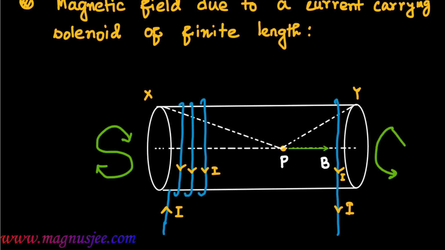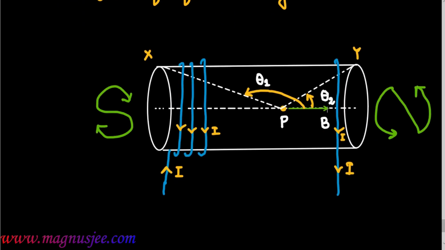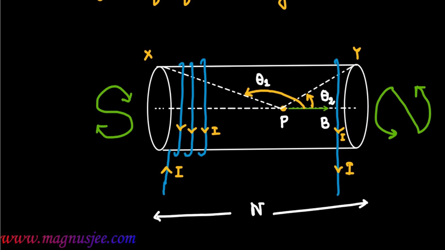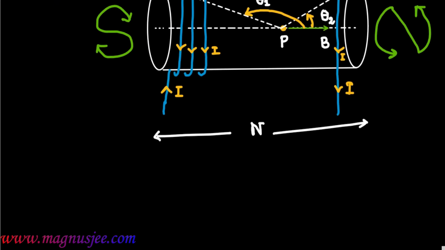Magnetic south pole will be induced on the end X, and magnetic north pole will be induced on the end Y. The angle subtended by the oblique distance XP with the axis is theta 1, and the angle subtended by the oblique distance YP with the axis is theta 2. Capital N is the total number of turns of the solenoid, numbered 1, 2, 3, up to the nth turn. Small l is the length of the solenoid.